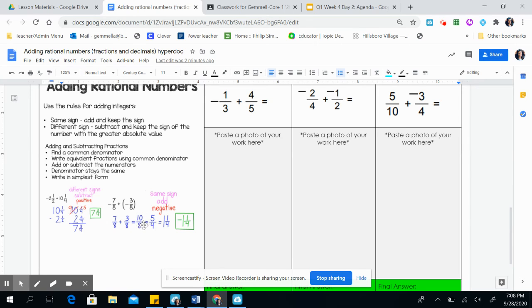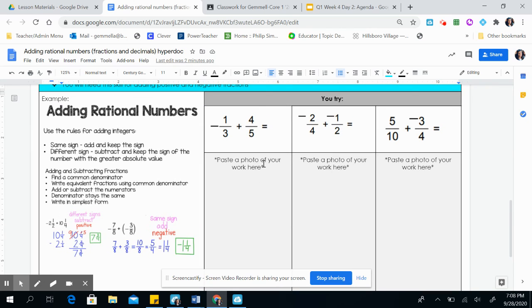And then once you have that, you can simplify. The numerator and the denominator here can both be divided by 2. So we would simplify that to 5/4. And then 4 goes into 5 one whole time with 1 left over. We get 1 and 1/4. And just like we mentioned in the beginning, since they have the same sign, we're going to keep that negative sign. So the final answer is negative 1 and 1/4.